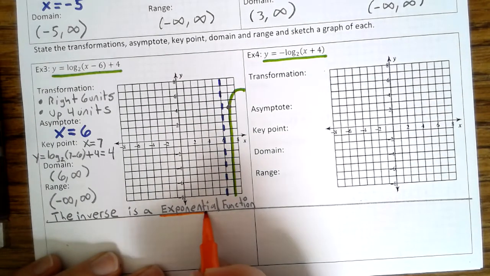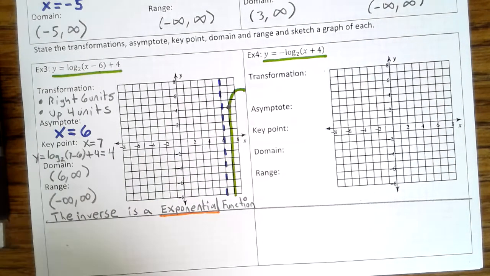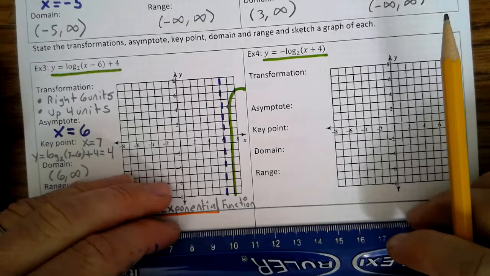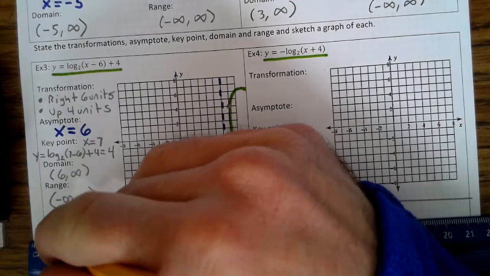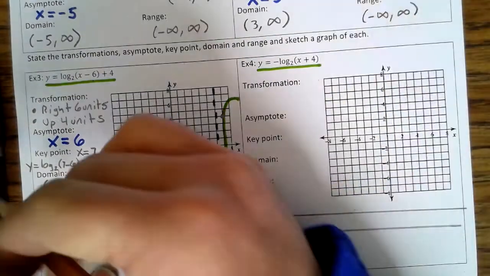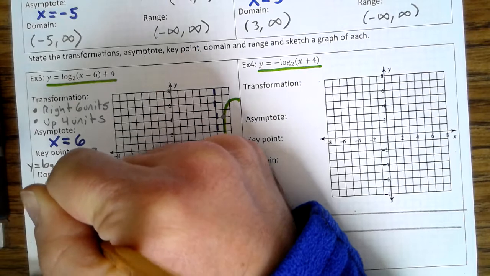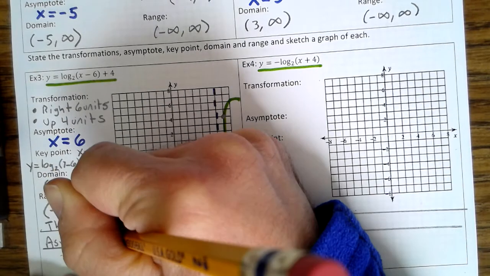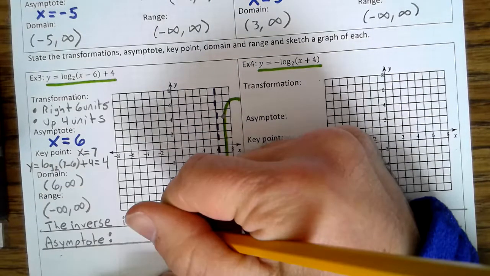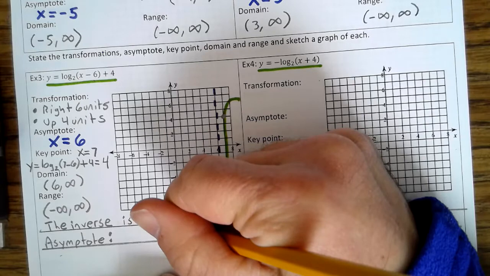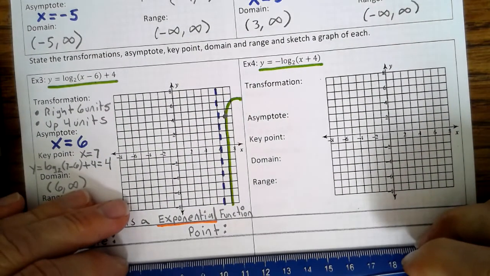Now, just like example 1 and 2, we want to find the asymptote and the point, and the domain and range.